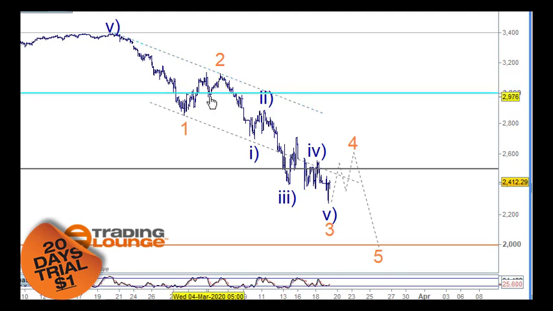This can also be counted as 5 waves up into this space here. It didn't make a new high here. But it's just something that I haven't ruled out just yet. And if we do see a corrective wave up here, well, then we'll know where we are at that point, and we'll know that we'll come down from that point there.